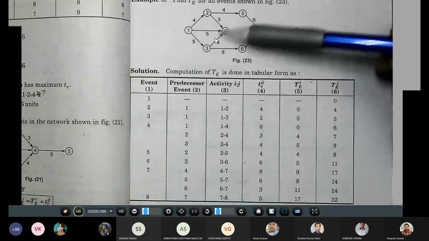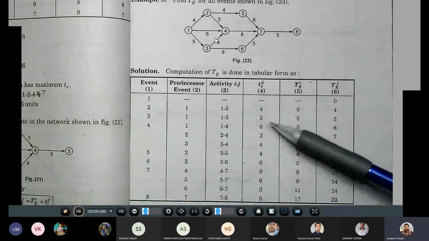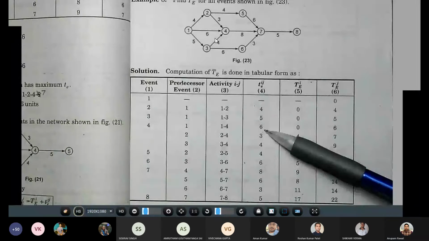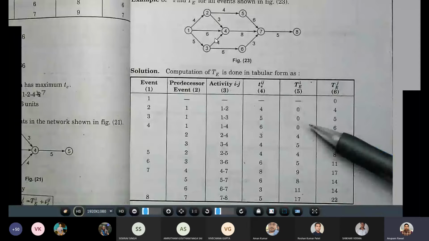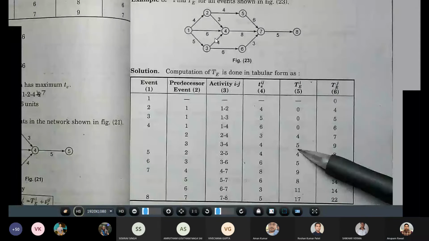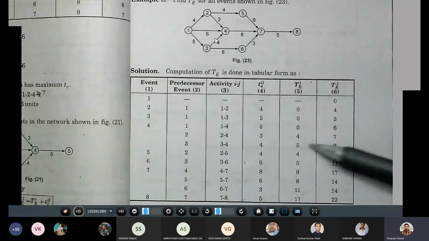Now here the durations are given: 6, 3, and 4, and TiE is equal to 0, 4, and 5, and TjE is equal to 6, and 3 plus 4 is equal to 7, and 4 plus 5 is equal to 9.